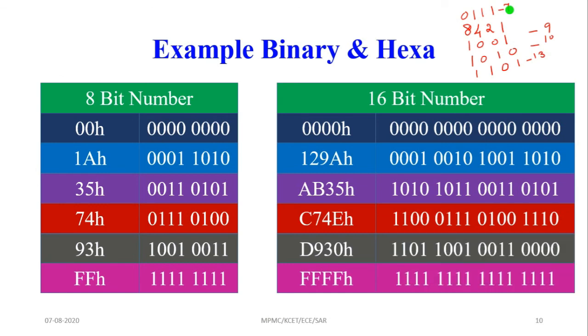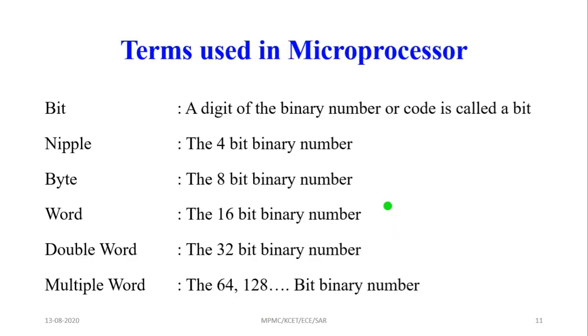Like that, we convert our hexadecimal number into binary form. Our system only understands the binary representation, not the hexadecimal or the decimal representation. For simplification, in our calculations we use the hexadecimal number. Okay, clear?